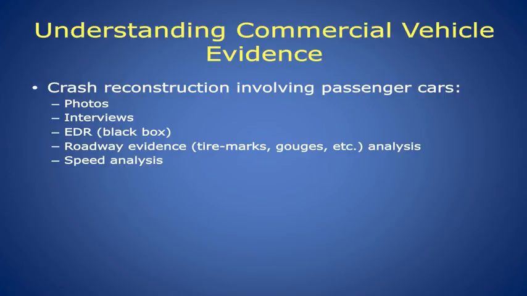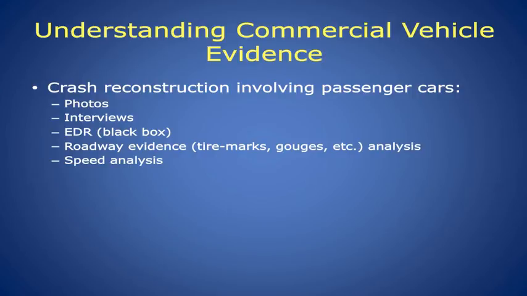If you can match the damage profile on a vehicle to the gouges, you're going to be able to say for certain that after impact, this vehicle went this direction, at this angle, and that's going to help you in determining our next factor, which is a speed analysis.